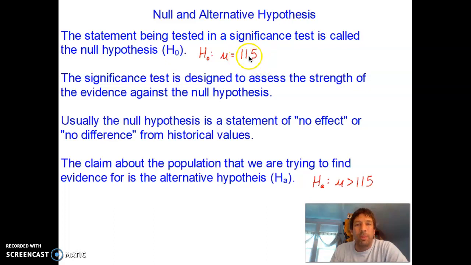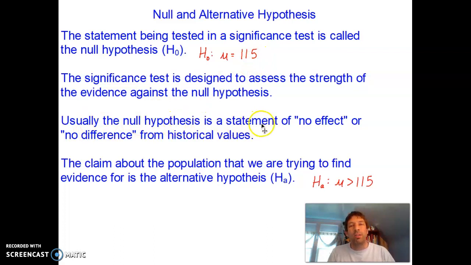Somebody told us, or we found some information somewhere, that says that the mean IQ score of Wisconsin students is 115. Well, the significance test is designed to assess the strength of the evidence against the null hypothesis. So we're going to collect a sample and look at it and say, all right, how strong is this evidence against the null hypothesis? Does it prove this null hypothesis wrong, basically?